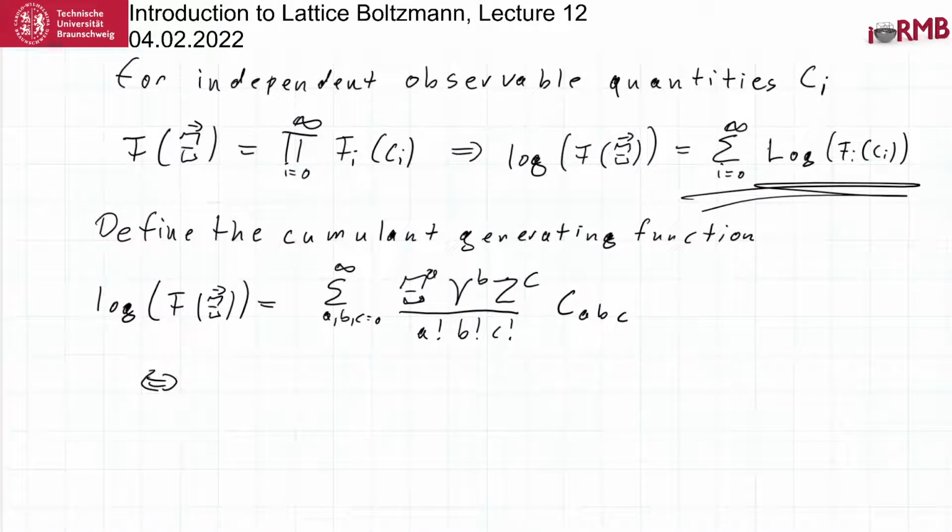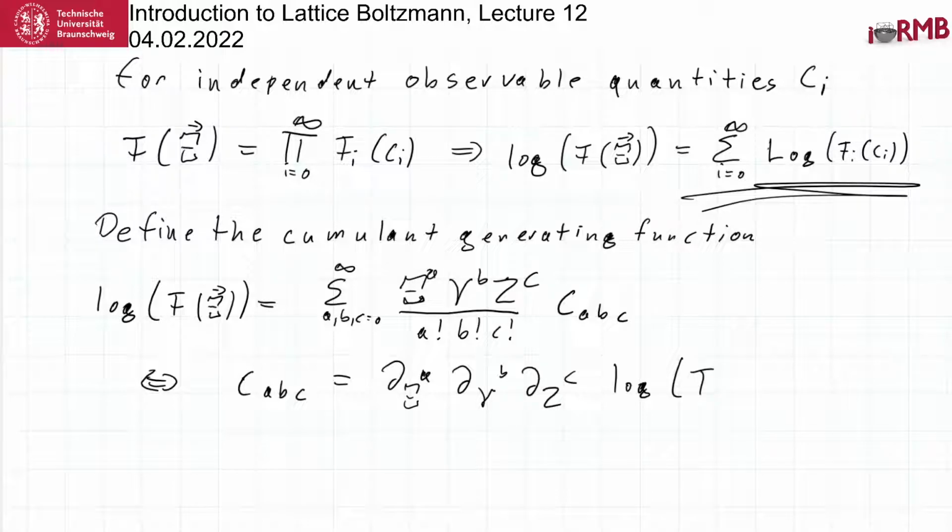Which equivalently means we have c_ABC equal to the A-th derivative in xi, the B-th derivative in upsilon, and the C-th derivative in zeta of the logarithm of f of vector xi, at the position xi equal to 0.